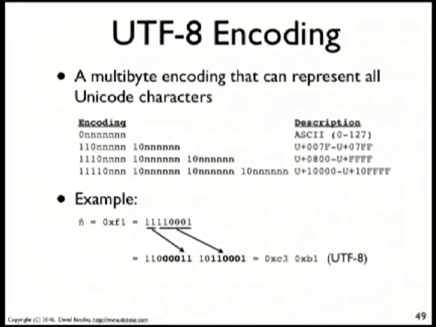And then UTF-8 is an encoding that represents all of the Unicode characters using one or more bytes. It's a little bit subtle, but essentially ASCII takes up the first 127 bytes, and then you encode all of the remaining Unicode characters in the remaining bytes.